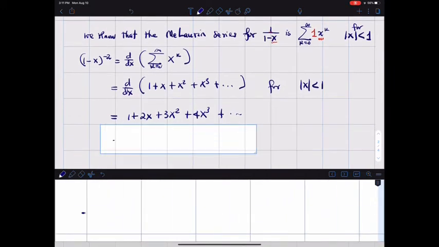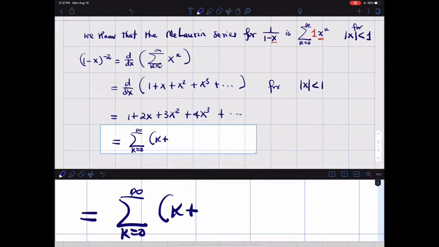So we've managed to get the series representation for 1 minus x to the power of -2 as the summation k from 0 to infinity of k plus 1 times x to the power of k.